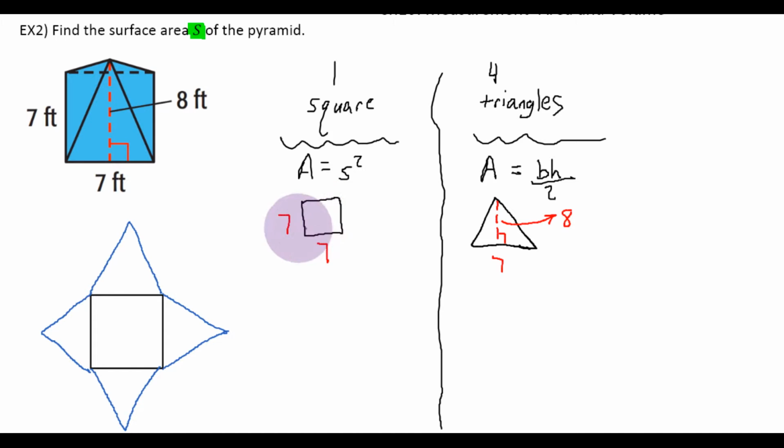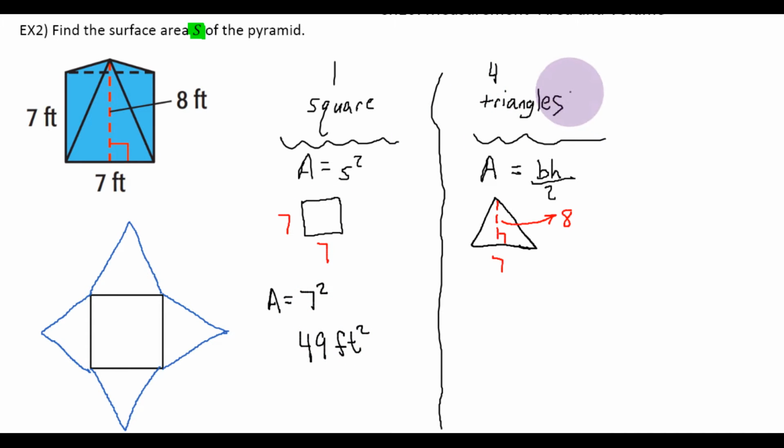The side length of the square is equivalent to 7 feet. So when I substitute a value in for s, it's going to be 7. So I have 7 squared. The area is equivalent to 7 squared, and we know that 7 times 7, or 7 squared, is 49. So I have 49, don't forget your units, feet squared. So the area of this one square is 49 feet squared.